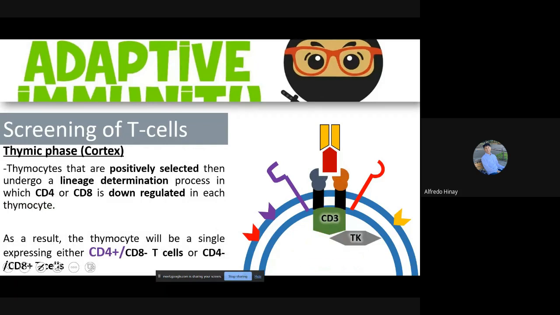So the thymocytes that are positively selected then undergo a lineage determination process in which only one will survive. Either CD4 is downregulated or CD8 is downregulated. So as a result, the thymocyte will be a single-expressing CD4 T cell or a CD8 T cell. So it can be CD4, or it can be CD8.